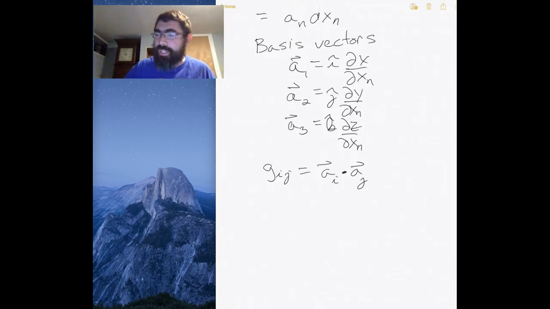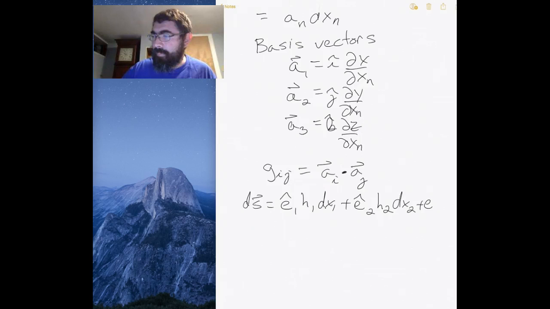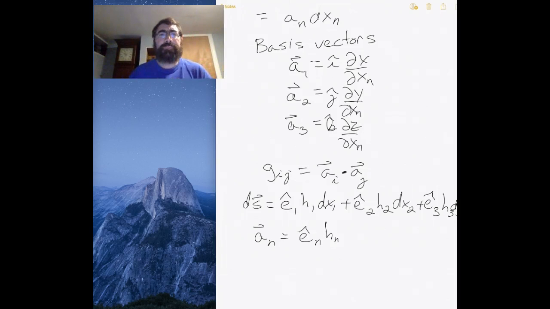Or written another way, we could have written this position vector, ds, as the unit vector times the scale factor, dx1, where now we can relate the basis vector as the unit vector times the scale factor.